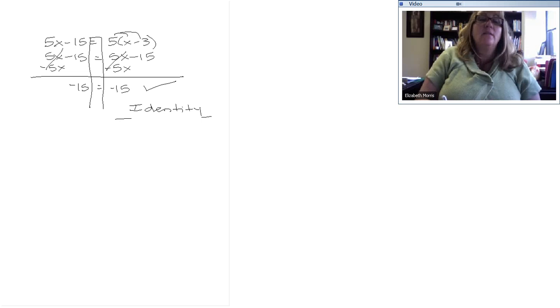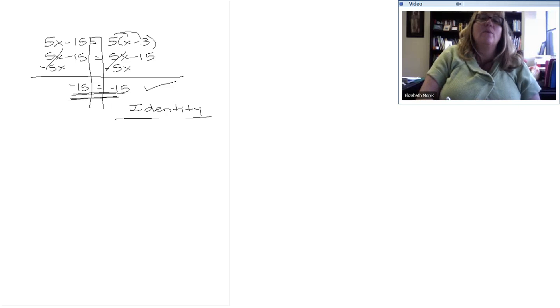If x was 1, I'd have 5 times 1 minus 15 equals 5 times 1 minus 15. Same, it's going to be the same no matter what number you put in for x, it'll work. So when this happens, even though they cancel out, if what's left makes sense, it's an identity.